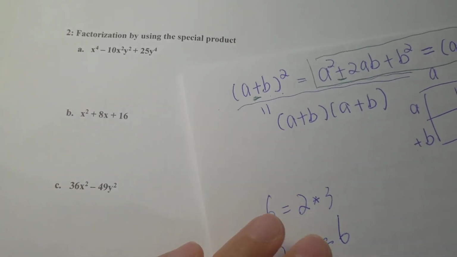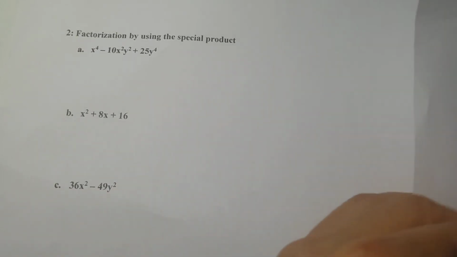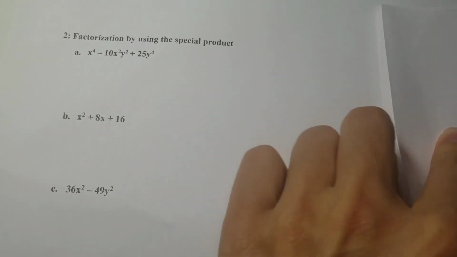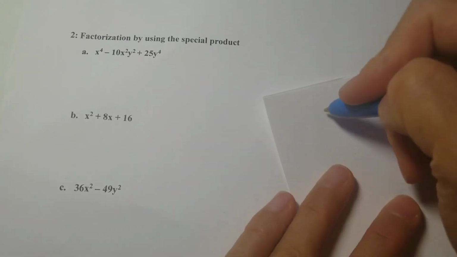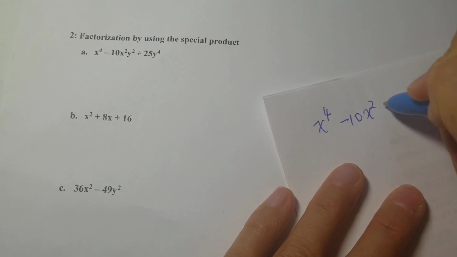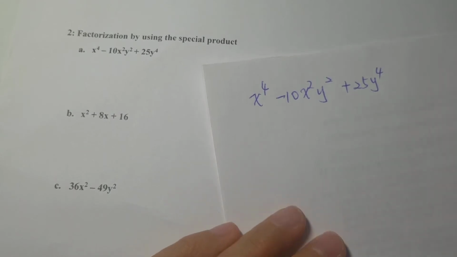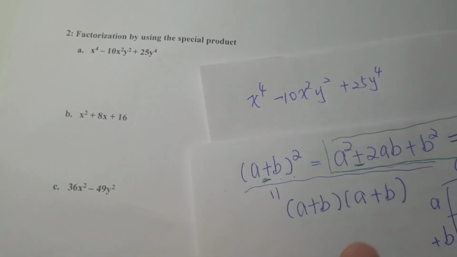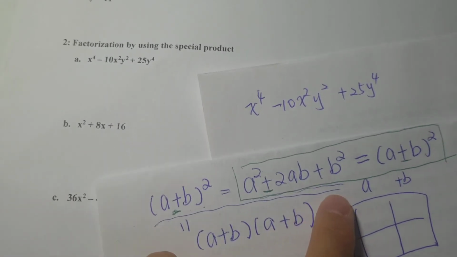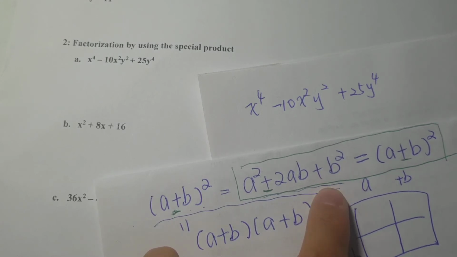So part A. For part A, it might look really complicated because you have x to the power of 4 minus 10x squared y squared plus 25y to the power of 4. And since I told you that we are going to use the special product, you are able to use it here.